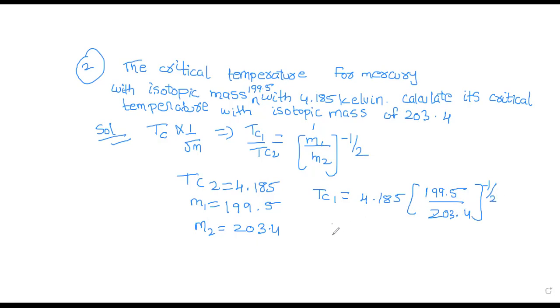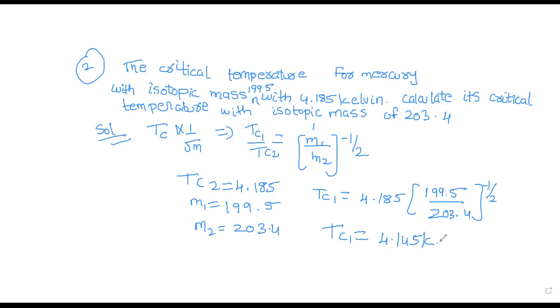You'll get this value of TC1, which is equal to 4.145 Kelvin. So this is the critical temperature with the isotopic mass of 203.4.